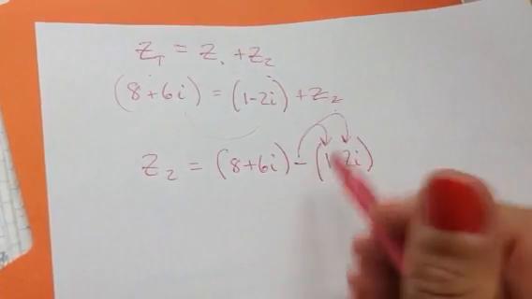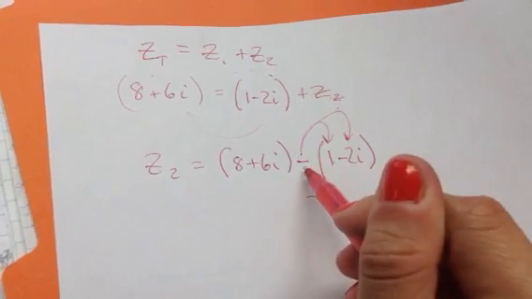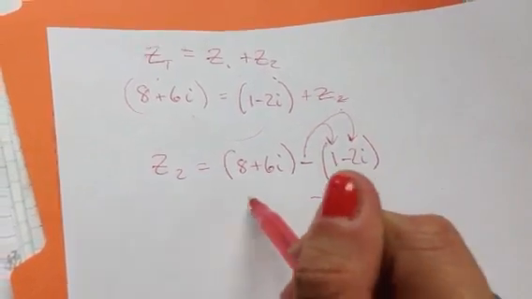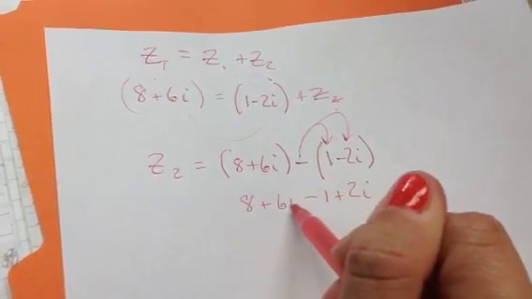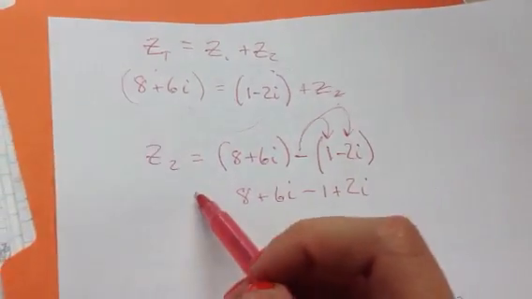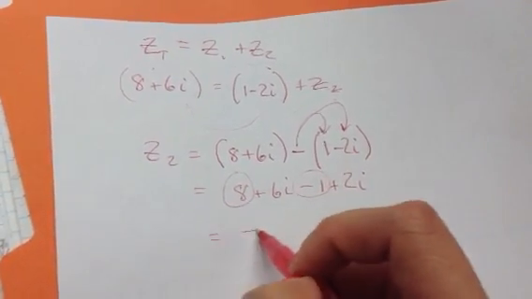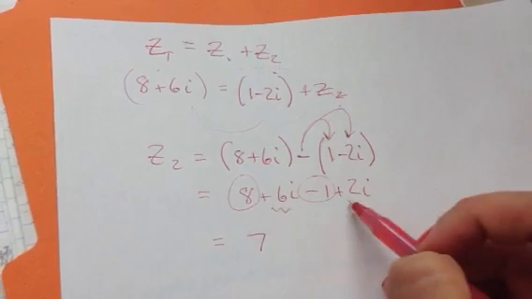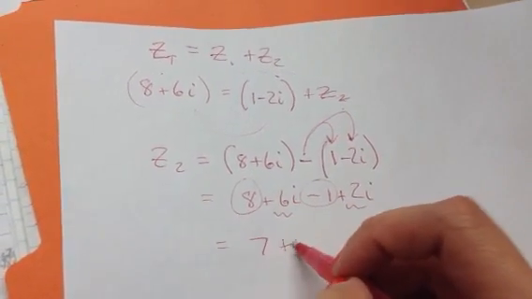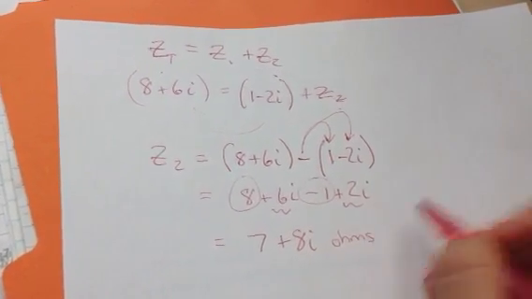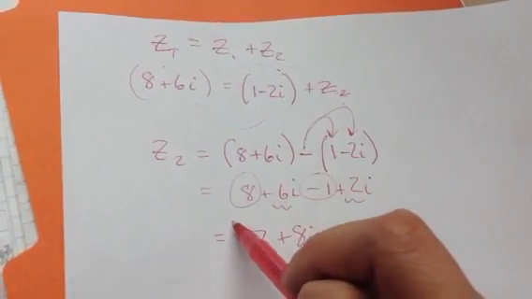So this becomes a negative 1, and this negative becomes a positive 2i. So after I distribute that negative, I just combine like terms. So 8 minus 1 gives me 7, and 6i plus 2i gives me plus 8i ohms. Ohms is just the unit of impedance, but you didn't have to add that.